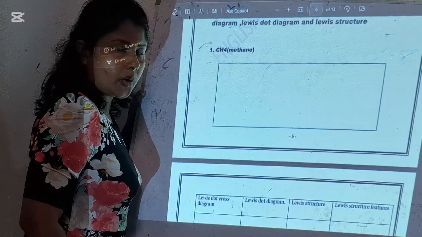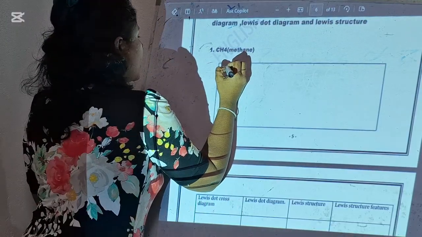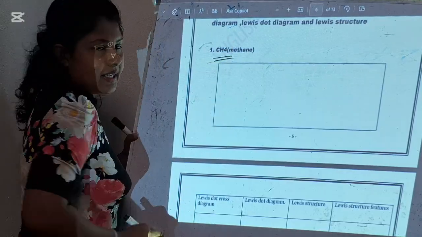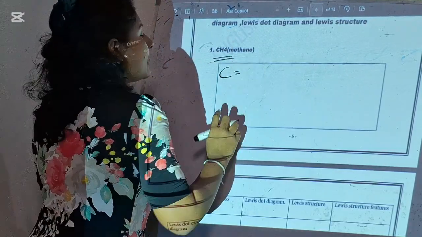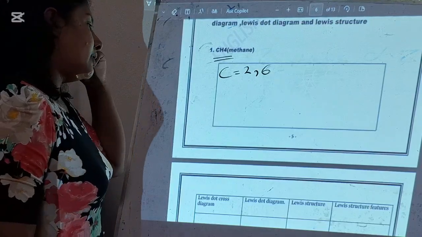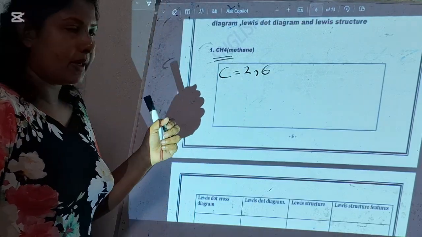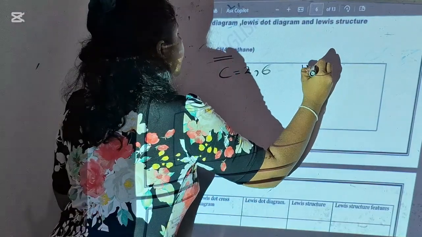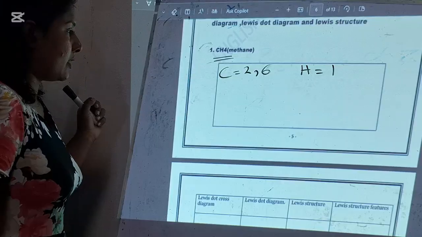This is CH4, methane. Carbon is in 6th place, so it has the electronic configuration of carbon. If we take hydrogen, it has only 1 electron in the last shell.